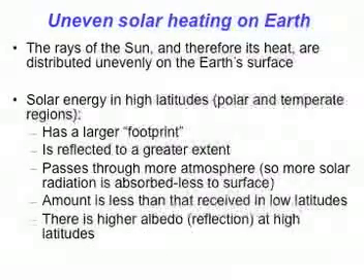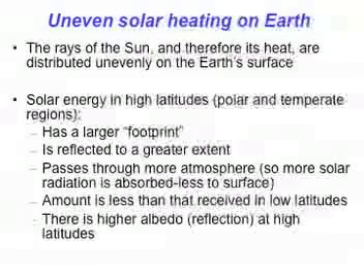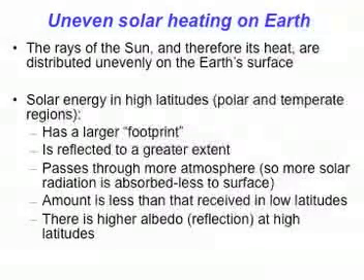All right, solar energy is really concentrated between the tropics. Remember, the Tropic of Cancer is up in the northern hemisphere about 23 degrees north. The Tropic of Capricorn is down in the southern hemisphere about 23 degrees south latitude. Those are the places where the sun is directly overhead during what's called the summer solstice.